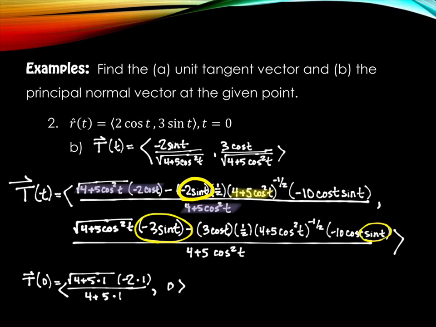So I'm going to get the square root of 9, which is 3, times negative 2, so that's negative 6. And then the denominator is 9. That will simplify to negative 2/3. So negative 2/3 and 0.